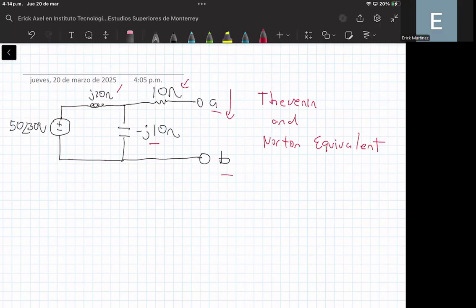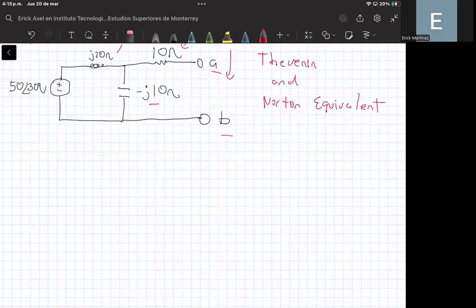So one way to do that is to first analyze the circuit and compute first the voltage that is seen across terminal A and B, and then we can compute the equivalent impedance. And with the Thevenin equivalence, we can also obtain the Norton equivalent that consists of a current source in parallel with the equivalent impedance of the circuit across these two terminals.